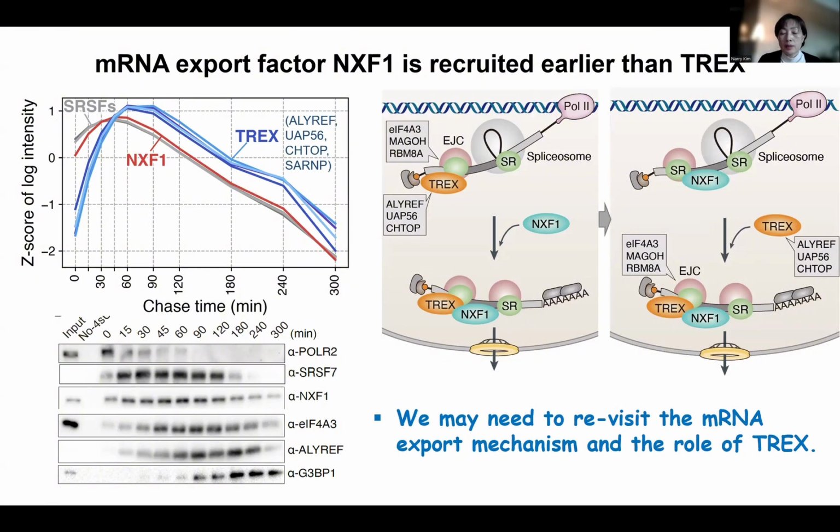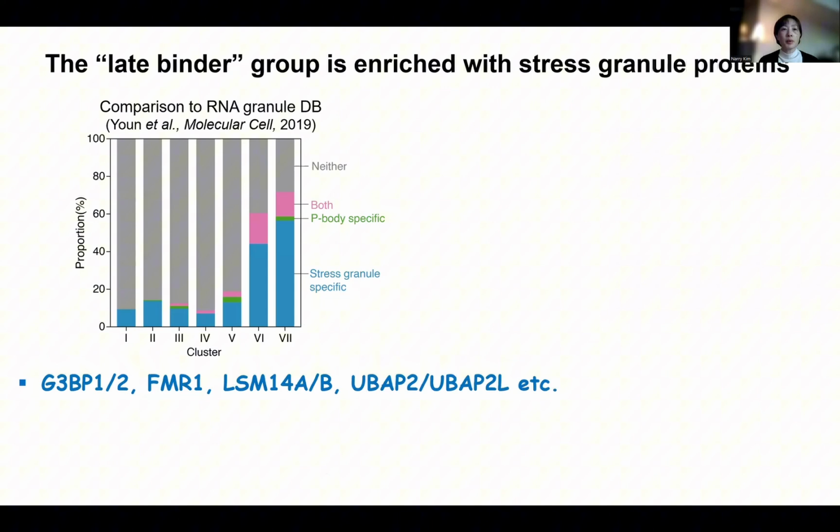This observation necessitates revisiting the mRNA export mechanism and the role of TREX. The second point that I would like to highlight is the late binding group, which is highly enriched with stress granule proteins. Over 70% of proteins in cluster 7 are actually detected in stress granules.